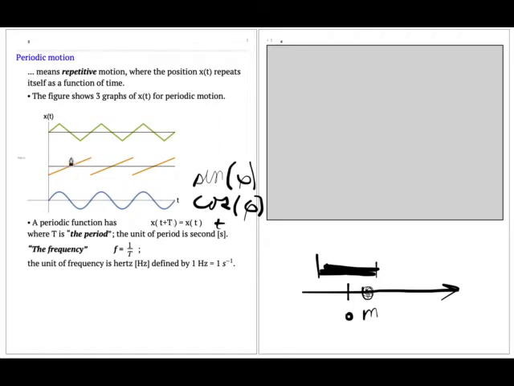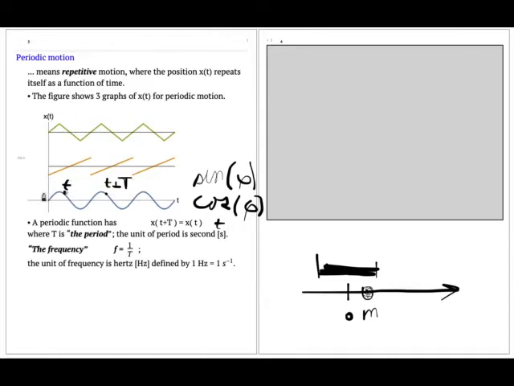What it says is, if I'm at some point and I look a distance T away, so if I consider this time t, and this would be t plus T, this would be one period later, x is the same.